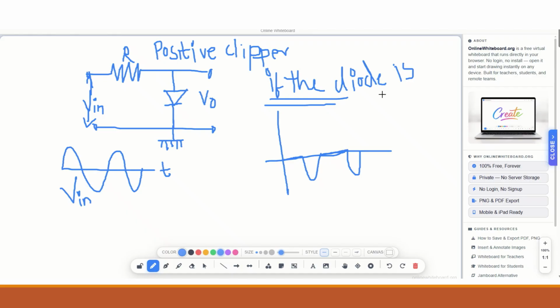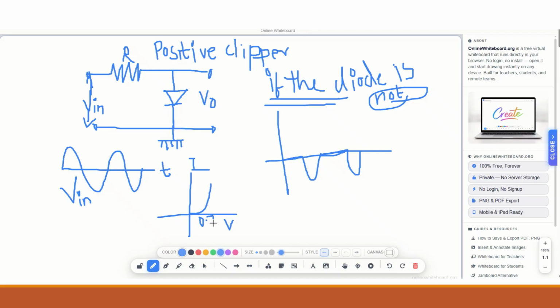Normally, the diode operates under forward biased condition. If we check the VI characteristics of the diode, it conducts when the cut-in voltage of the diode reaches 0.7 volt.